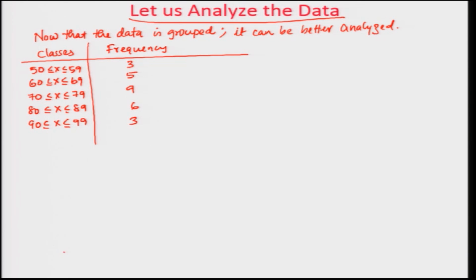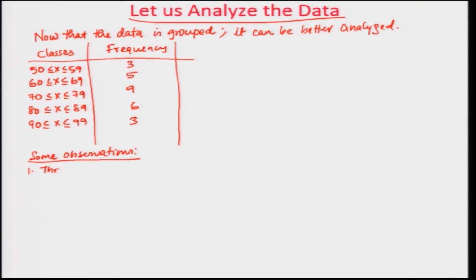All right. If you think about the frequency that we had drawn, let us try to see some observations from the data. Number 1, 3 students did poorly.